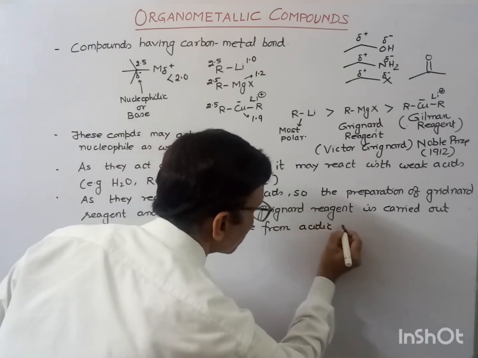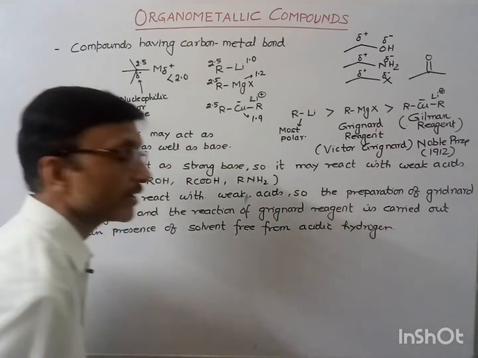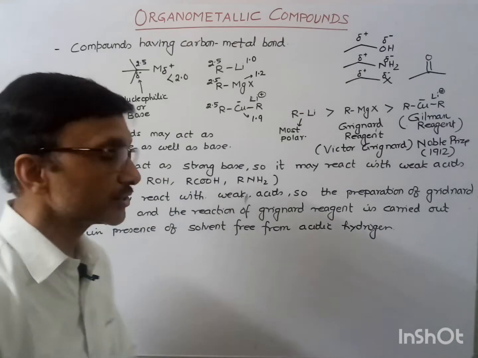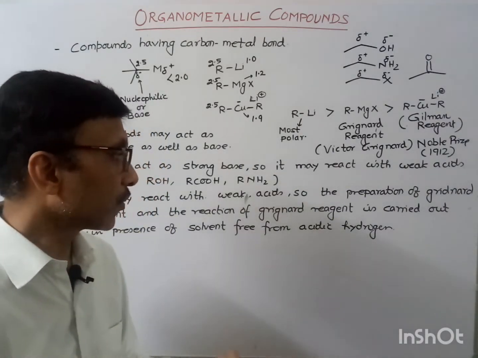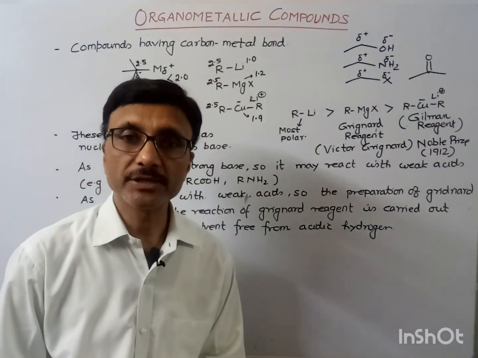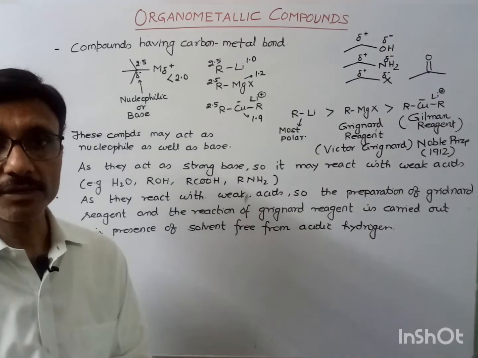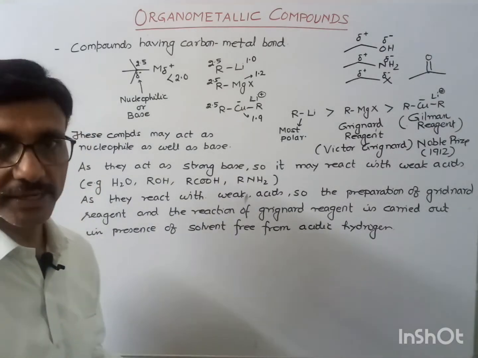We have read that some solvents are free from acidic hydrogen. The preparation of Grignard reagent or its reactions are always carried out in ether, diethyl ether. This diethyl ether does not have any acidic hydrogen atom.